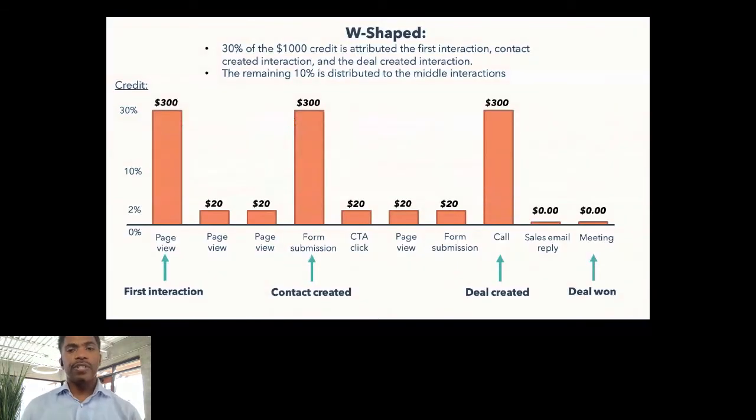So there's your 30% spread across those first interaction, contact created, and deal creation. So those are sort of those big rock interactions. And then from there, you have all the other little things in between that you're giving some credit to, all right? So you've got 30, 30, 30, and then everything else is peanut butter spread. The other remaining 10% is spread there. This is what we call a W-shaped model.